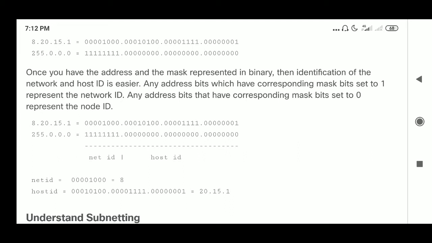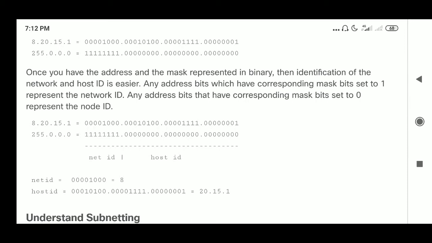So here you can see that the network ID is 00001000, and all 3 octets have all the values 0 when we AND the host IP and network mask.